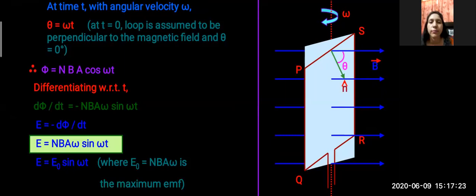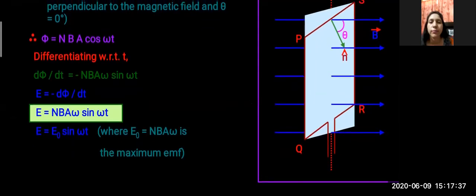E attains the maximum or peak value when sin omega t is 1, for which omega t is 90 degrees or 270 degrees. So the maximum or peak value of EMF is given by E naught equal to NBA omega. Clear?